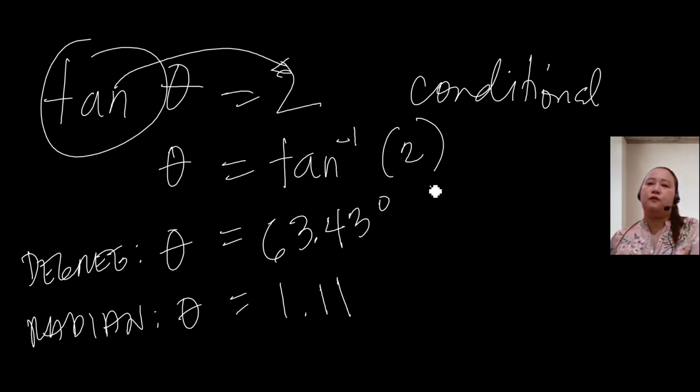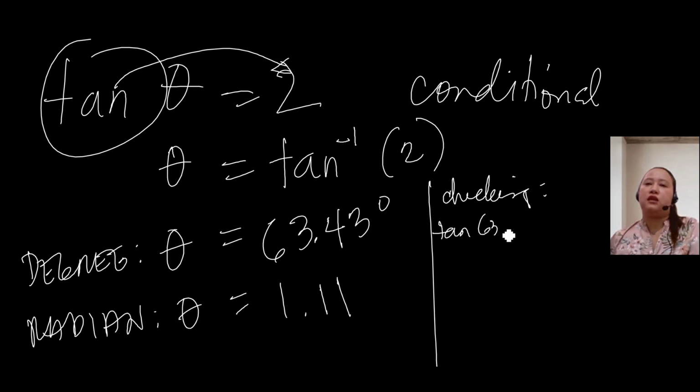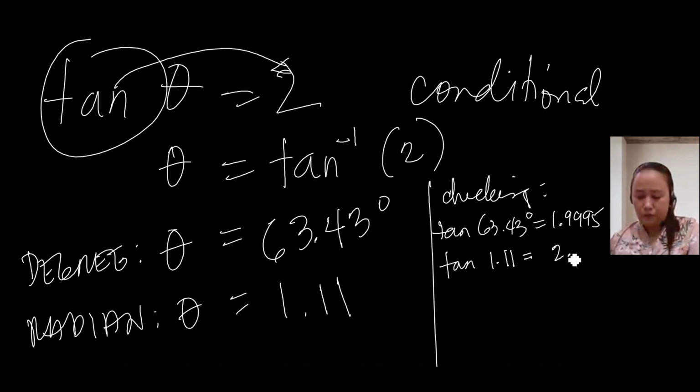If you would like to do the checking, that is tangent of 63.43 degrees, which is 1.9995. This is somehow close to 2. If you would like to use the radians, 1.11, the answer is 2.01.